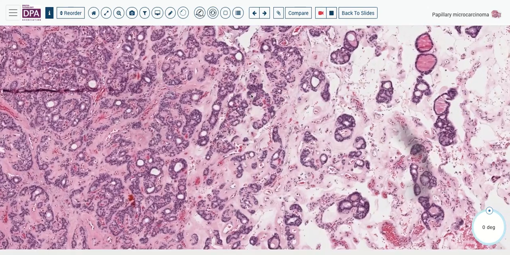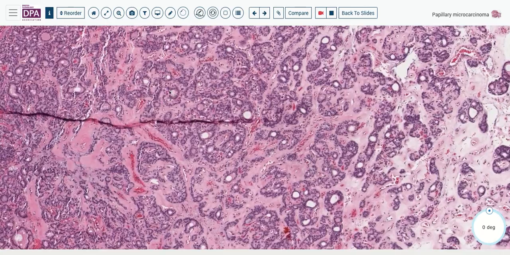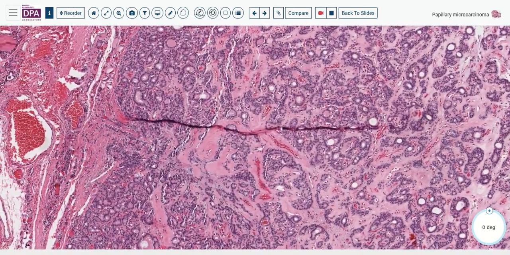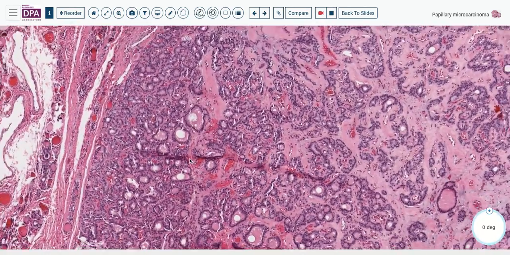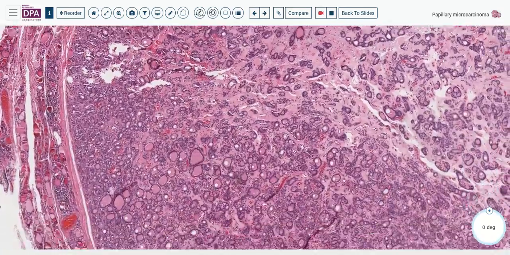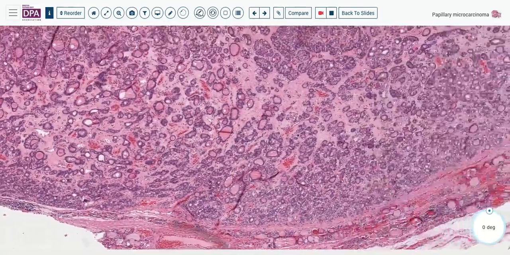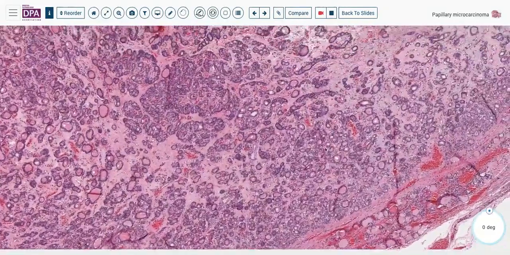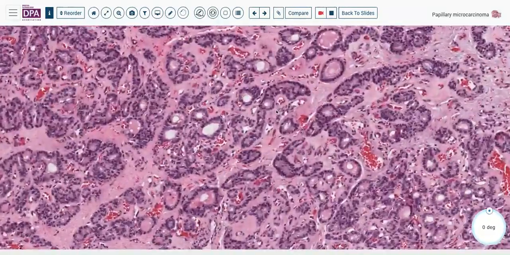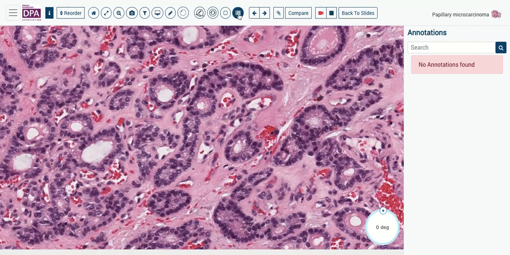Again, it's a lesion that has predominance of follicular differentiation, follicular pattern, a little bit of sclerosis, and let's see where our well, the nuclear features on this one are not so great. I don't know if you have any annotations, no annotations.